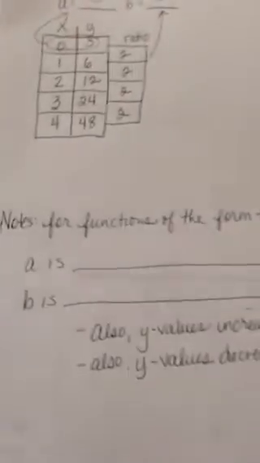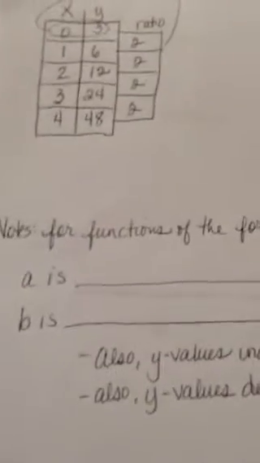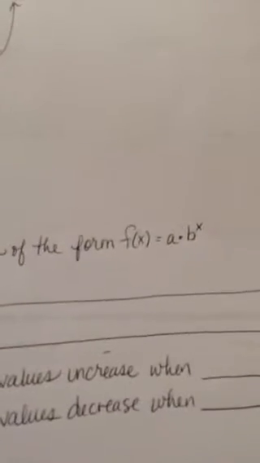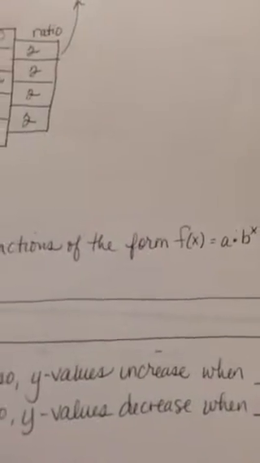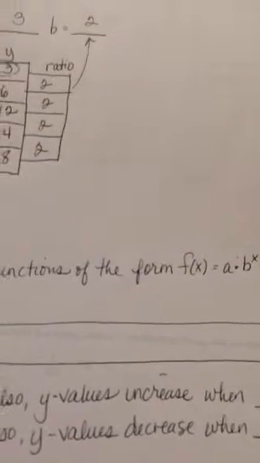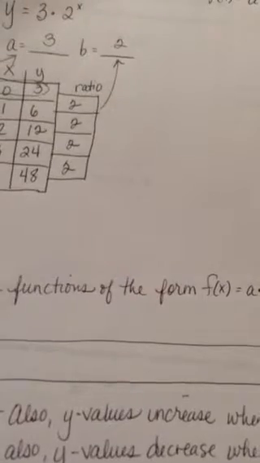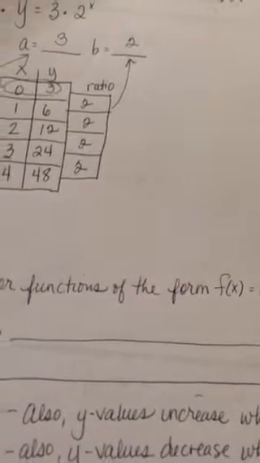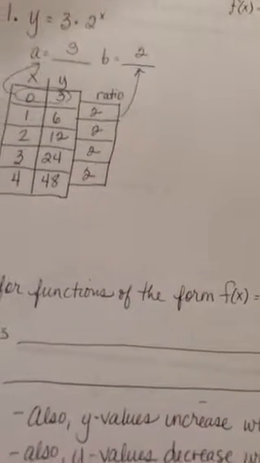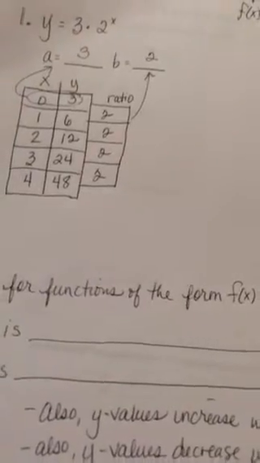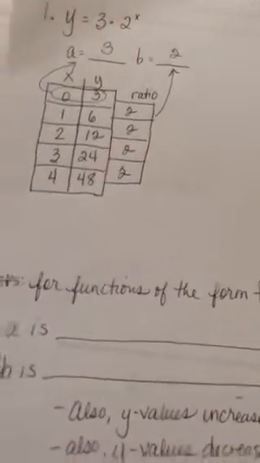So on the top of the next page, there are some notes. It says notes for functions in the form of f of x equals a times b to the x power. Okay? When this is true, sorry, I'm trying to get to my notes real quick. There we go.